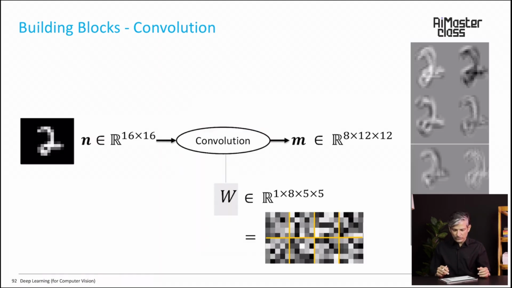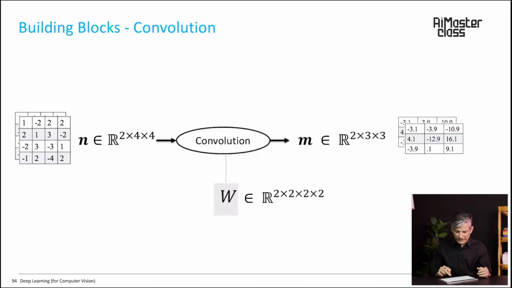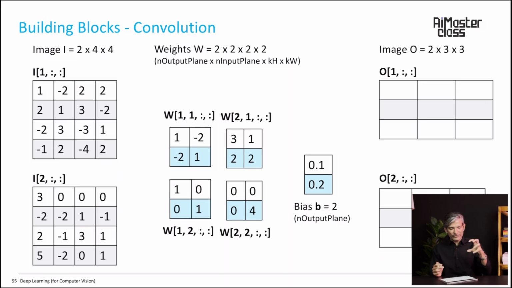But now let's look at this in more detail, with a very concrete example, and then we will understand convolution once and for all, trust me. So let's look at a more general case. In our general case, our input is two-dimensional, in the sense it has both height and width, and it also has some depth.